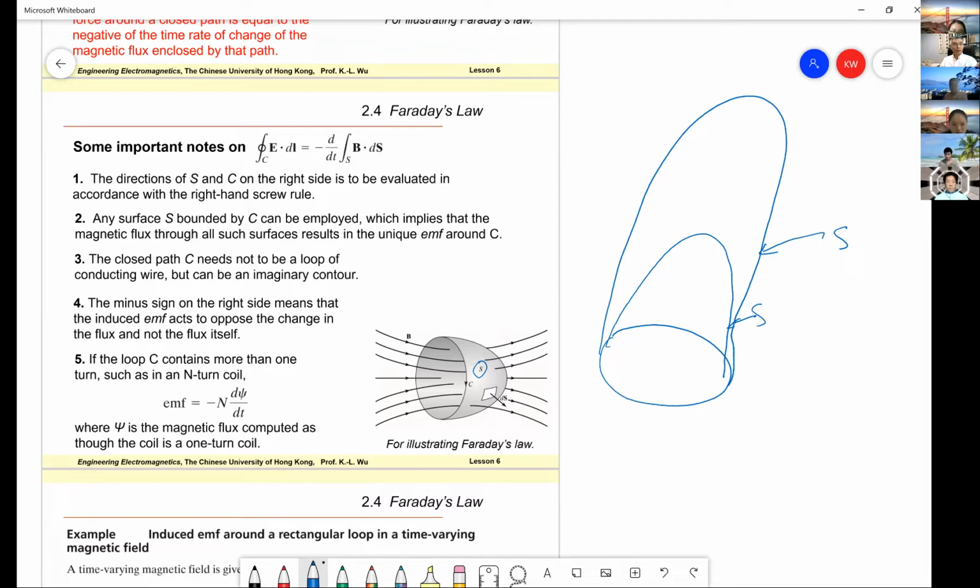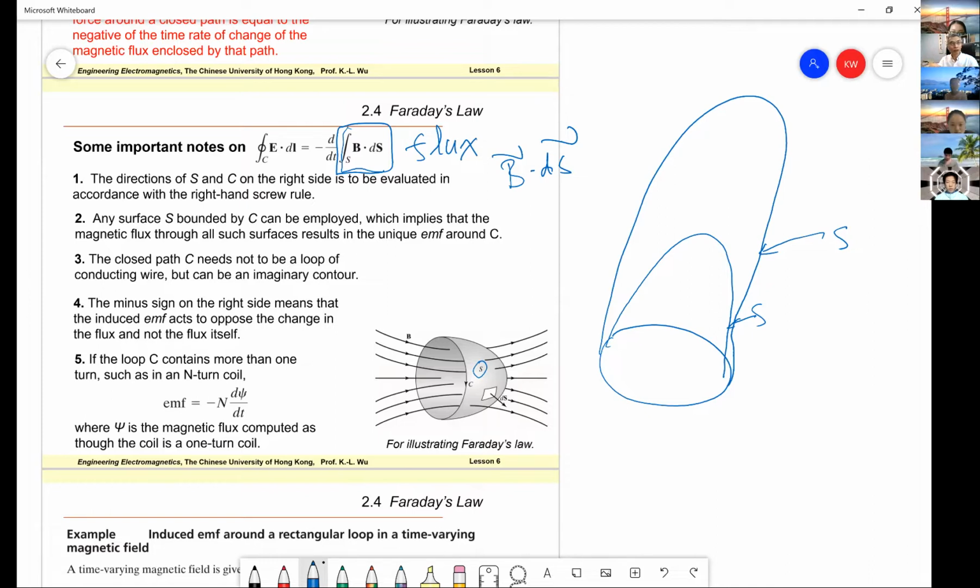Okay, the minus sign, the meaning is clear, right? Because B dot dS is the component normal to the surface, and when you do the surface integration over the whole surface, we call it flux.